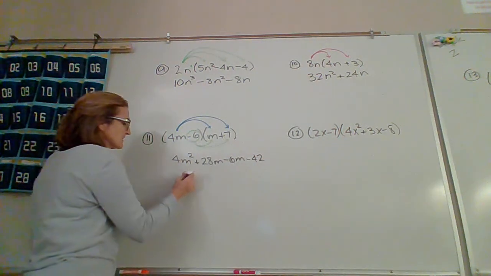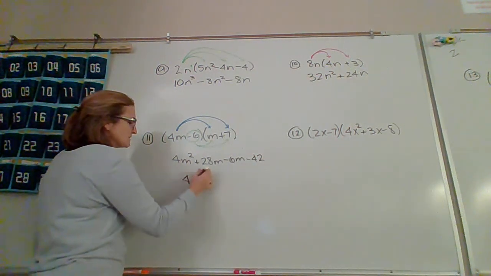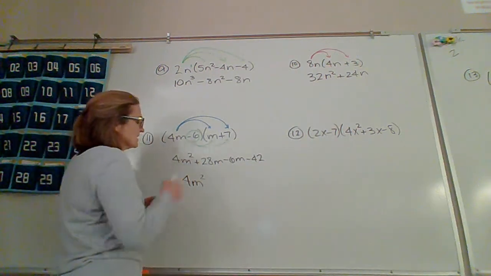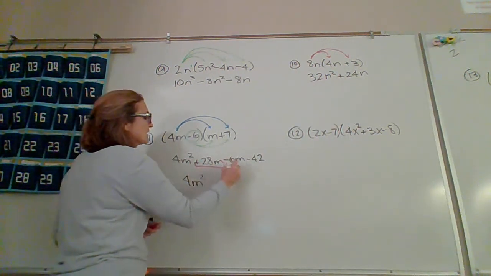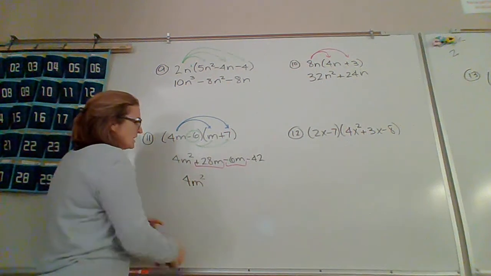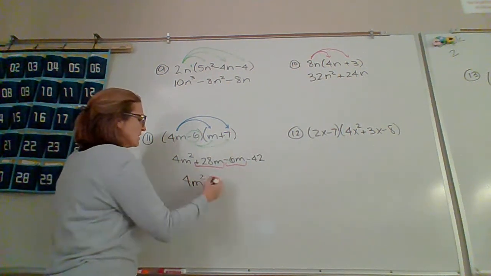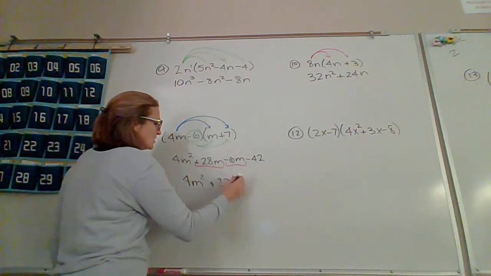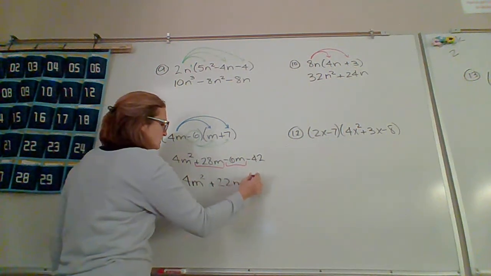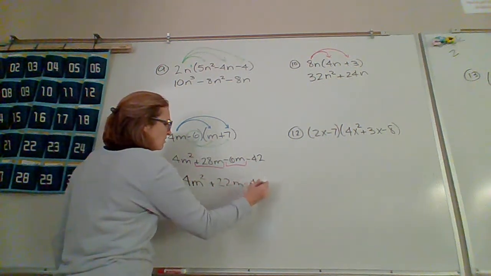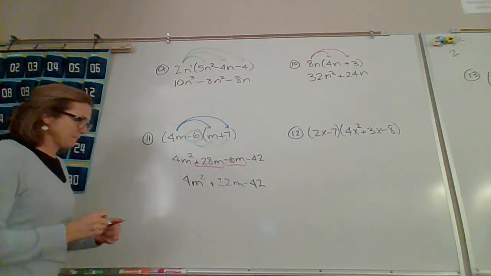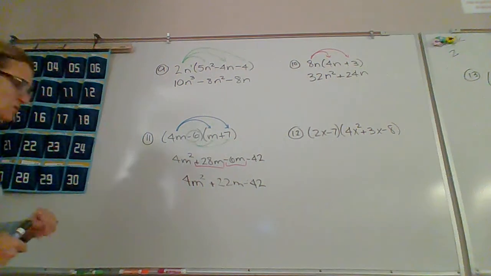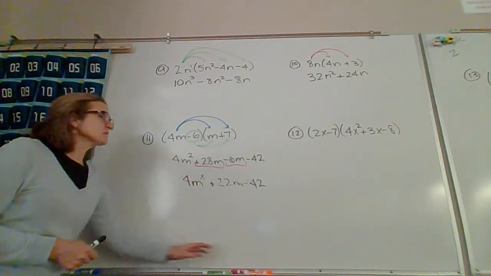All right, so now the only thing we have left to do to finish this up is to combine our like terms. And so we have a 28m and a negative 6m, and we combine those for a positive 22m minus 42.